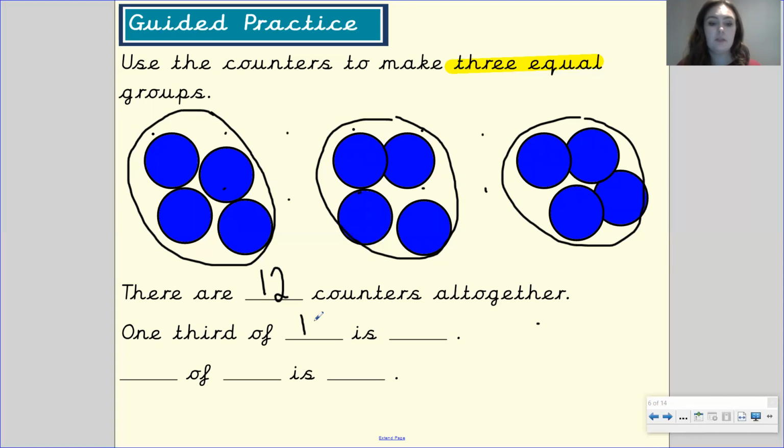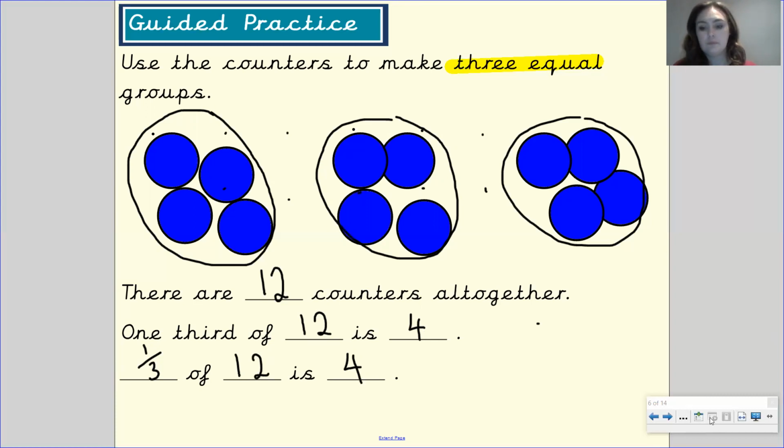Well done, it's going to be 12. 1/3 of 12 is, and what's going to go here? 4, well done. We can also write this by using the fraction like this. So 1/3 of 12 is 4.